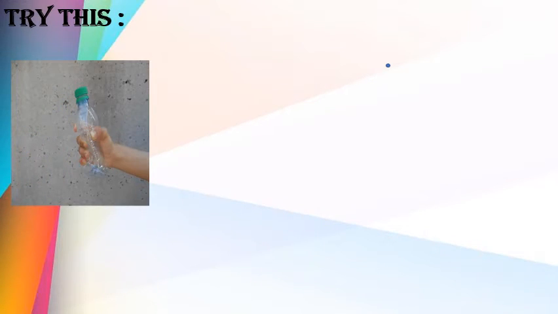Students, we will try this. Take a bottle made from flexible plastic. Flexible plastic means when we press it, it moves inside. Okay, that is called flexible. Now take a spent ball pen refill. Third, take out the lid of the bottle. Now make a small hole in the center of the lid of the bottle.